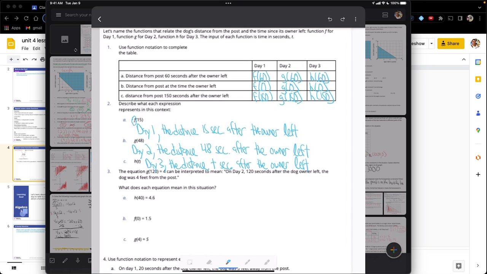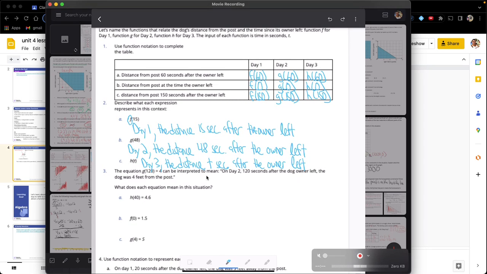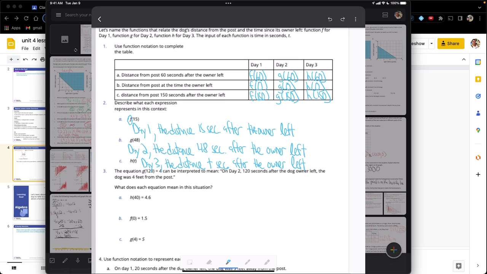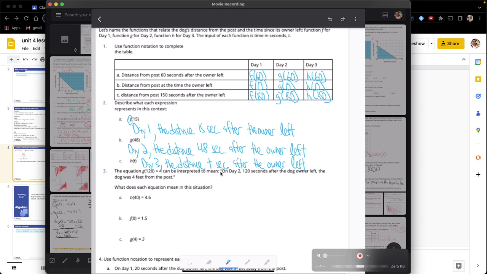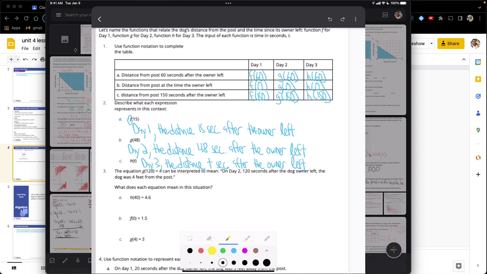So g of 120 equals 4 can be interpreted to mean on day 2, 120 seconds after the owner left, the dog was 4 feet from the post. What does each equation mean in this situation? I'm going to use this example here as a model to answer the 3 questions.